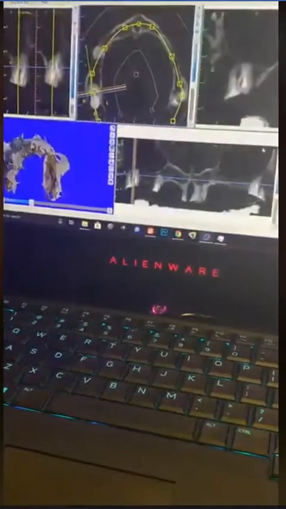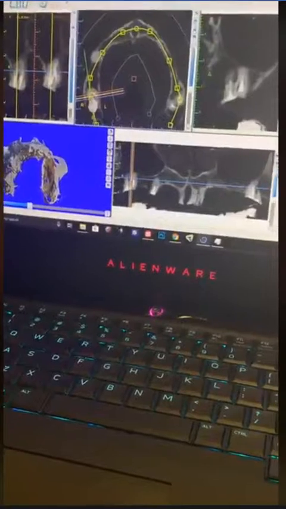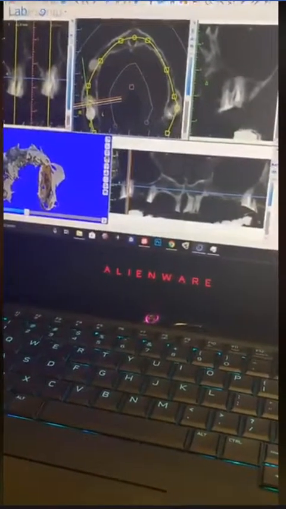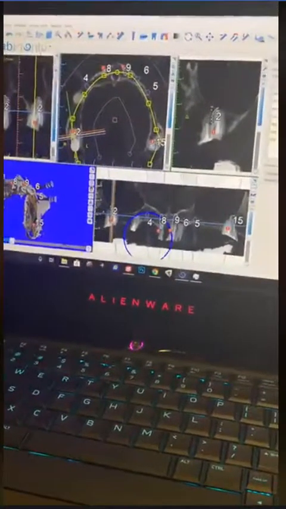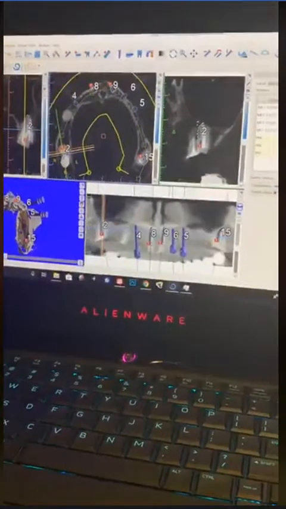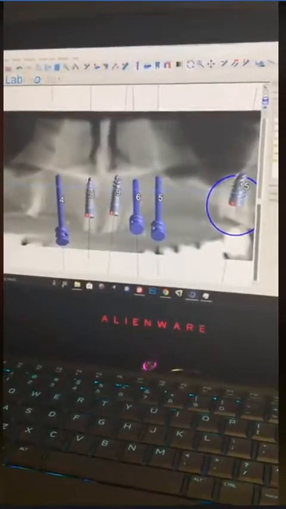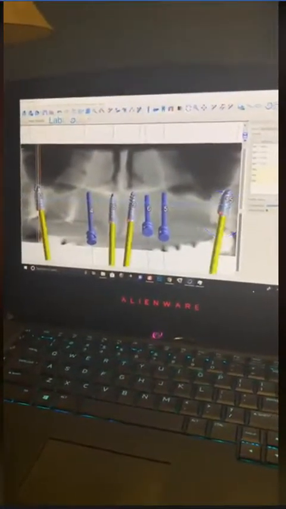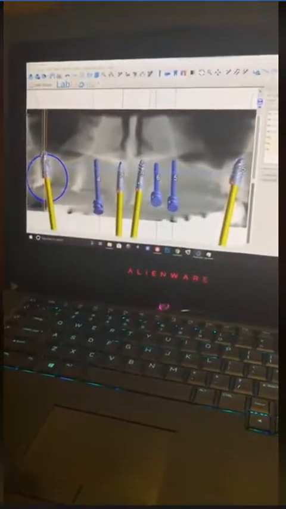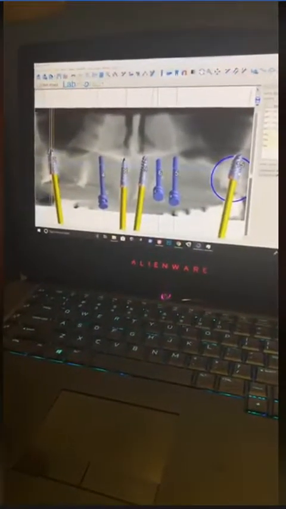So what I did was I treatment planned the patient for 4 implants. Okay, 2, 8, 9, 15.